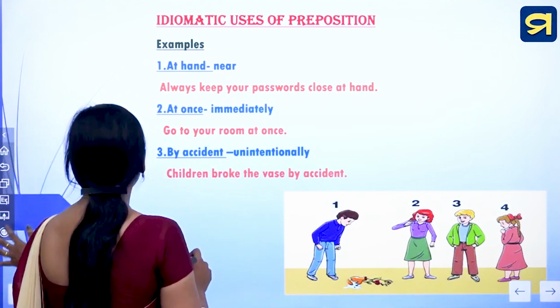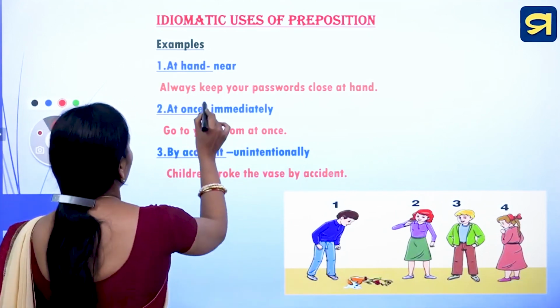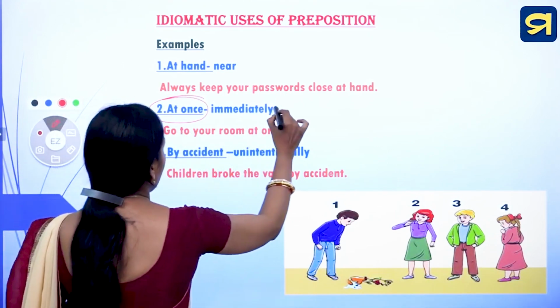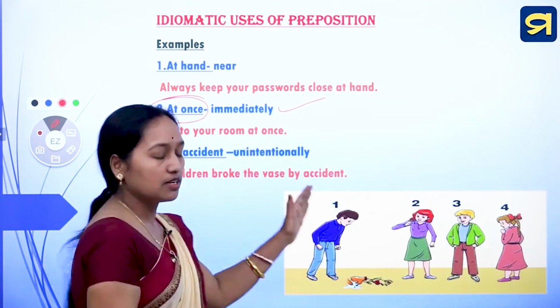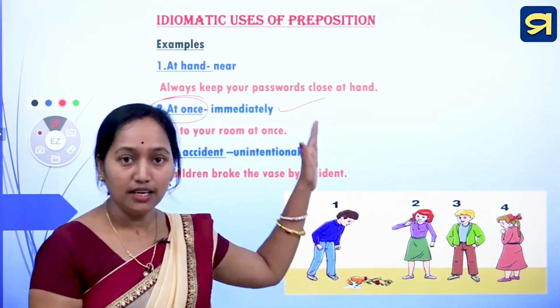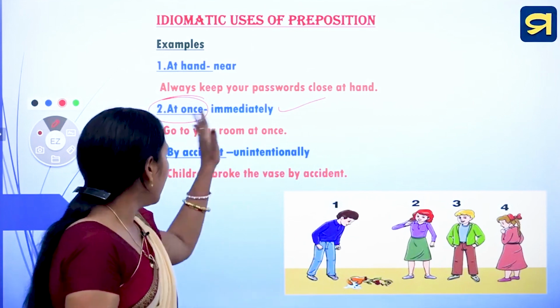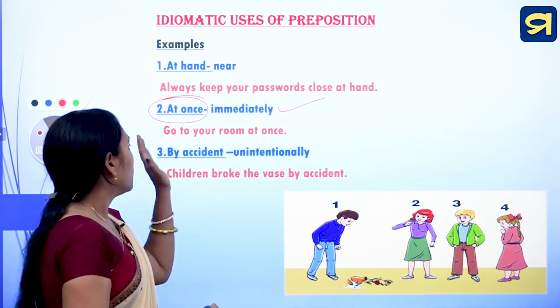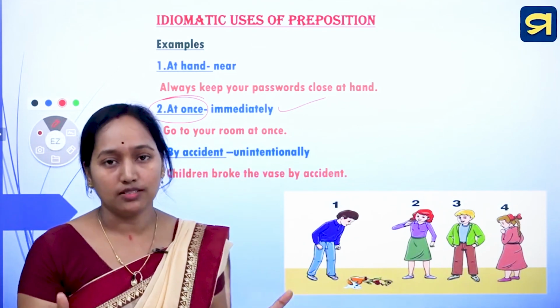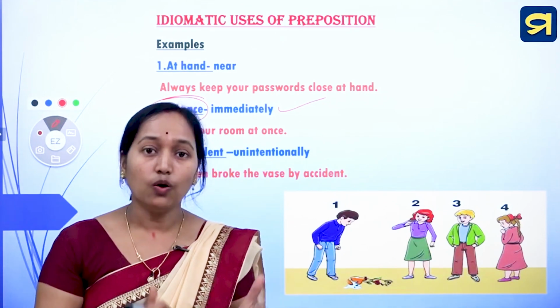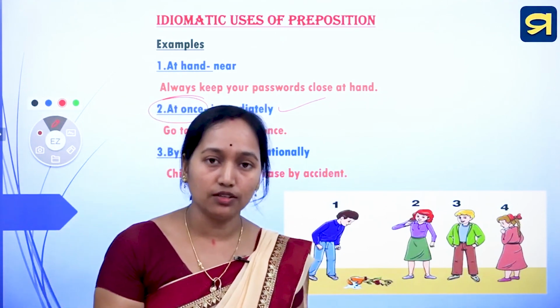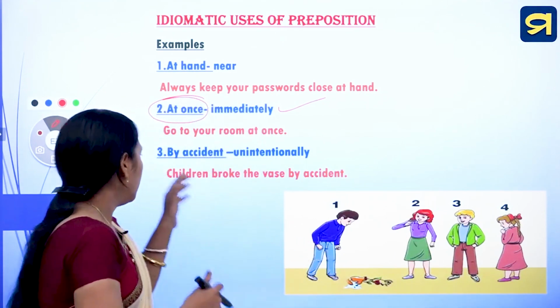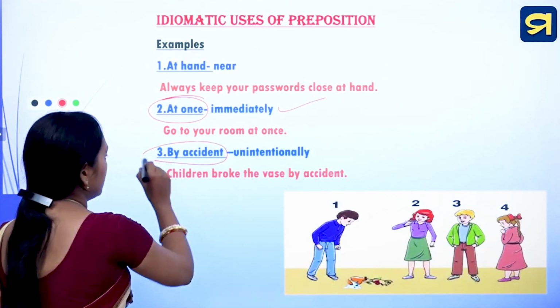Next one, at once. I have told you in the idiomatics list, just recall it: immediately. At once means immediately. Go to your room at once. Or go to your room at once means what? Immediately. Next one, by accident.